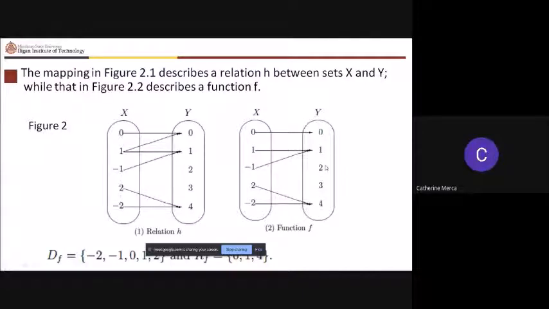If you take a look at this one, we say that this is a function. Why? If you take a look at all the elements of x here, to each x element of x, there is a unique y. 0 is mapped to 0, no other mappings. 1 is mapped into 1, no other mappings. Negative 1 is mapped to 1, nothing else. Just 1. 2 is mapped to 4, negative 2 is mapped to 4.